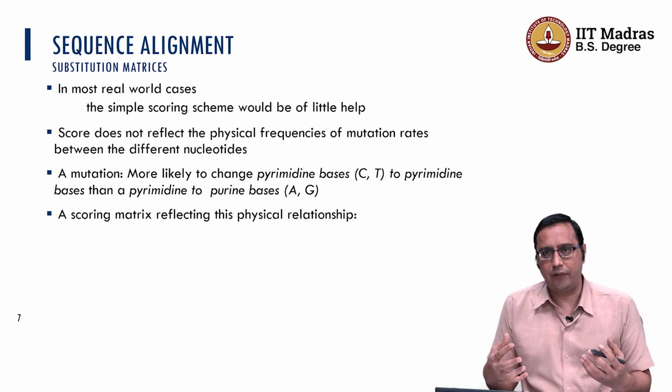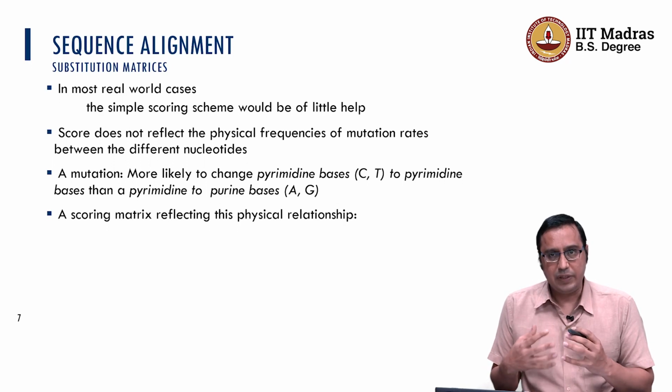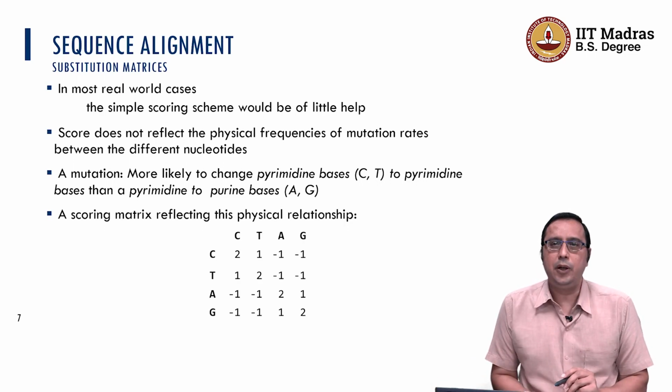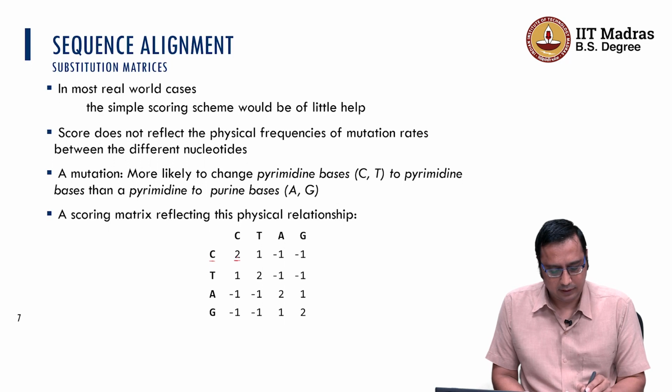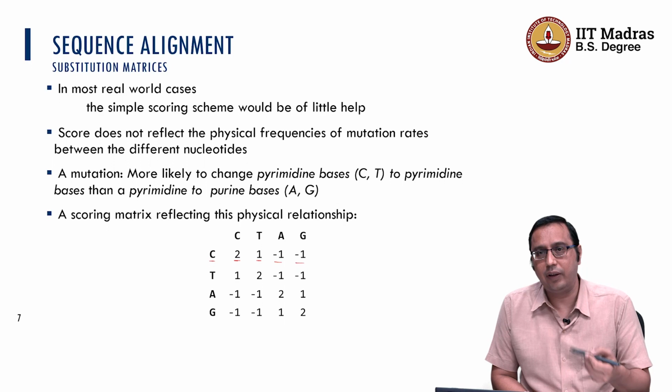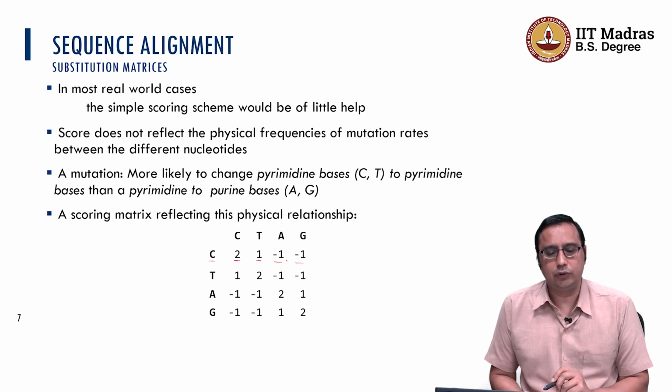So for a realistic scoring matrix, which can reflect the physical relationships or physical phenomena, typically people use a scoring matrix where if it is a C and C alignment we give a 2 as a match, but a C to T mismatch is not so bad, so we give a 1, while C to A or G we can give -1, -1, because this mismatch is physically rare, so we give it a negative score.